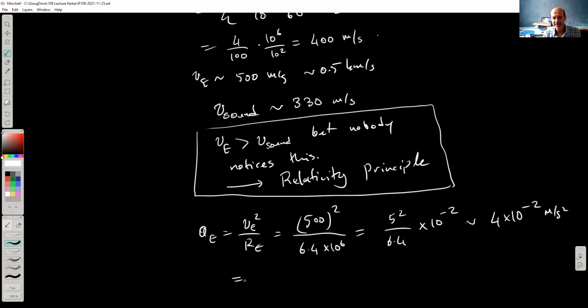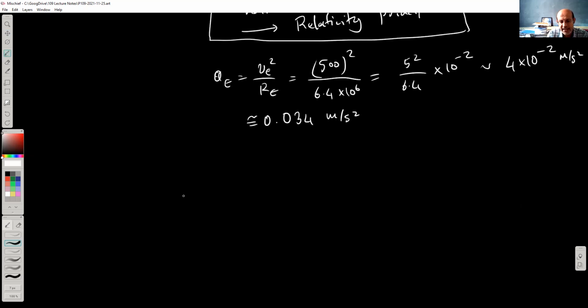I just computed this, but assuming that the radius is 6,400 kilometers, and a better figure is like around 0.034 meters per second squared. Okay. So that's basically our acceleration of a person on the equator. All right, so that's the acceleration of their reference frame. So in any case, that's basically what we need to do.